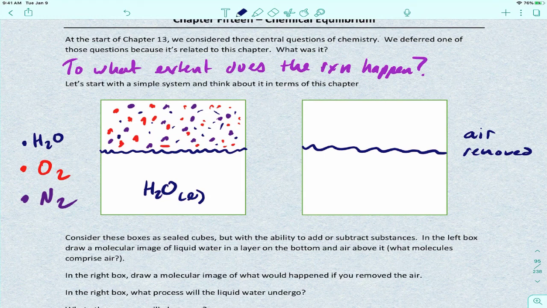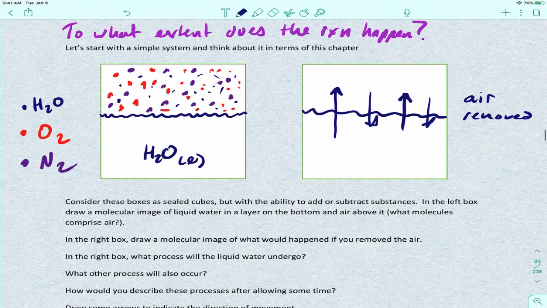And this is something that we talked about back in chapter 11 and chapter 12: you're going to have molecules that have enough energy to pass from the liquid water to water vapor, but you're also going to have vapor molecules that want to become liquid again. And so this process keeps going back and forth. The expression that I use for this is a dynamic equilibrium setup.